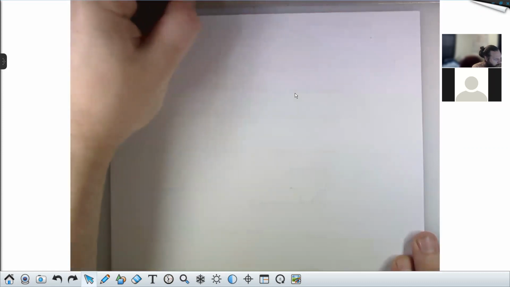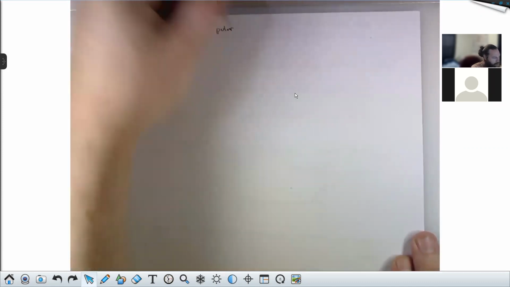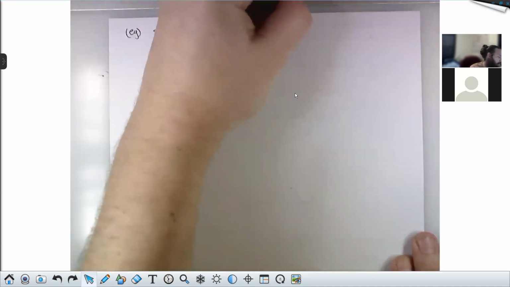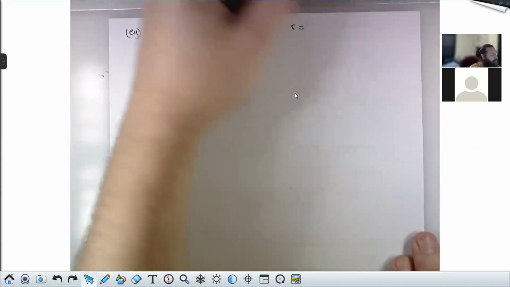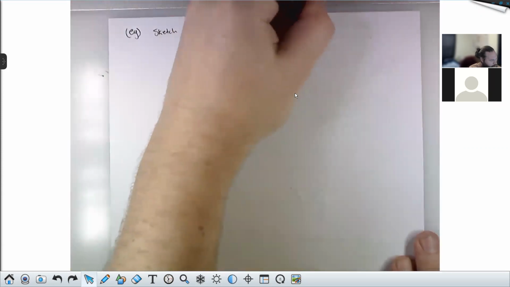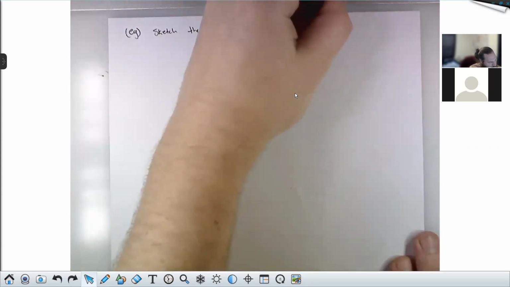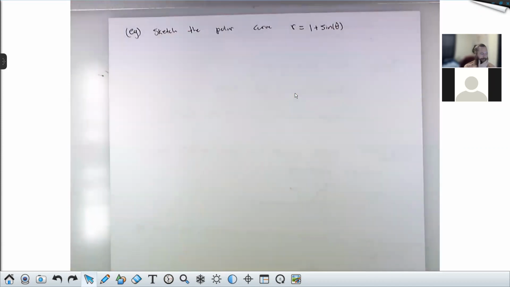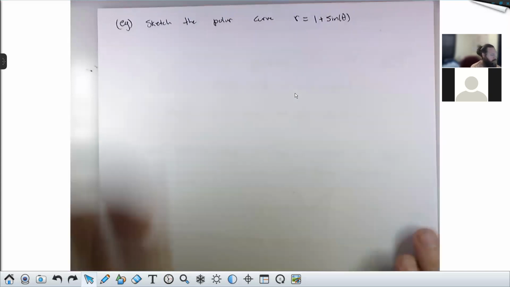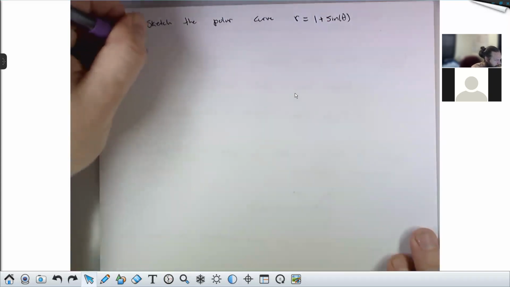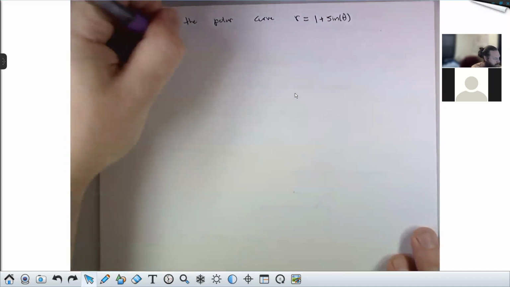I'm going to begin here, so for example, sketch a polar curve r equals, how about, 1 plus sine theta. So I'm going to start with the rectangular coordinate sketch.